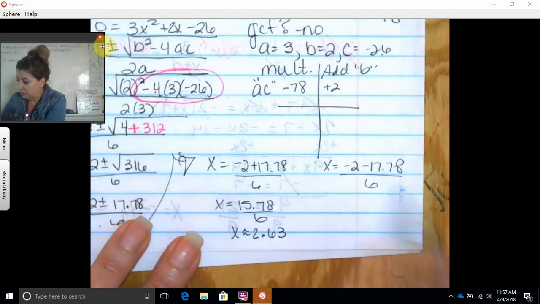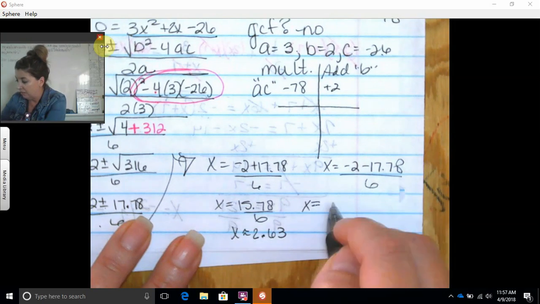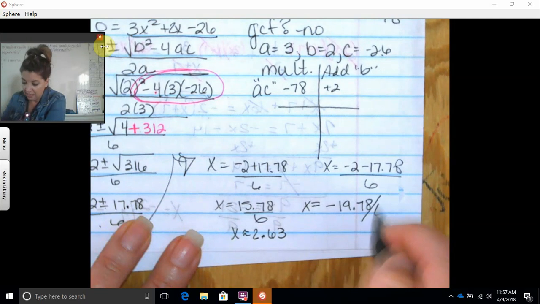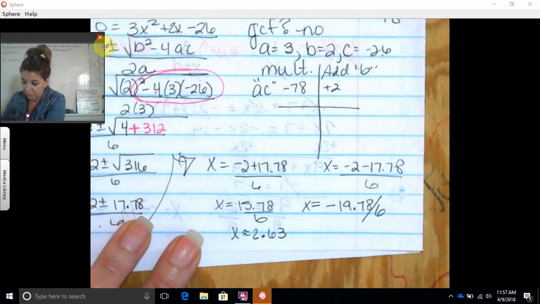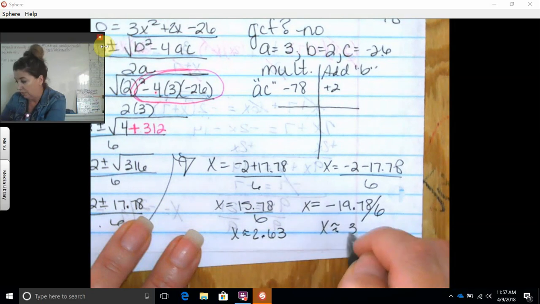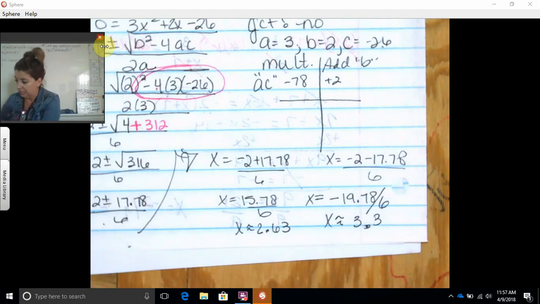And this negative 2 minus 17.78 would be negative 19.78. Then divide that by 6, and that is approximately negative 3.3.